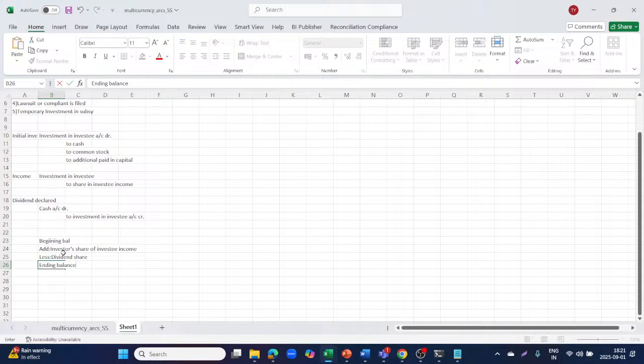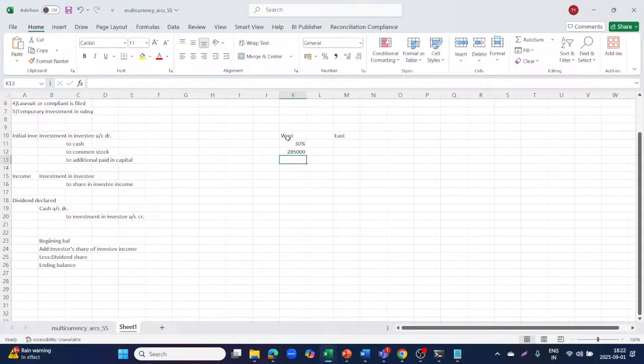Suppose now on 1st January year 5, West Company acquired a 30% interest in East Company for 2,85,000. So we are saying West has made the investment in East, a 30% investment amounting to 2,85,000.